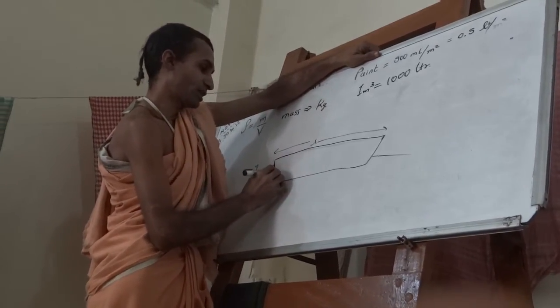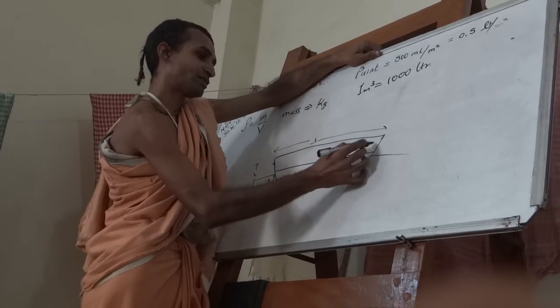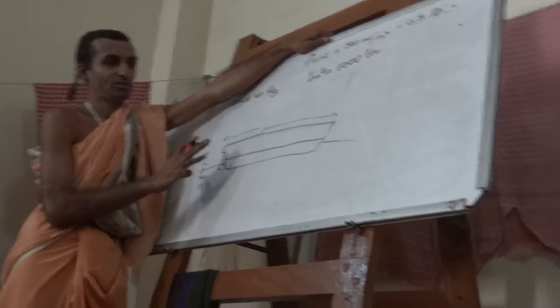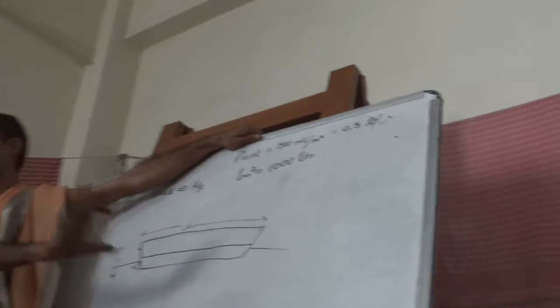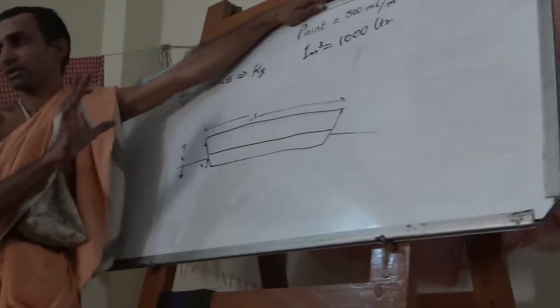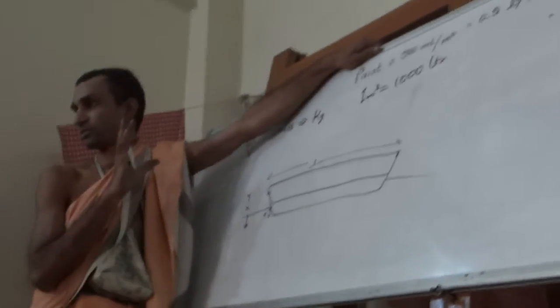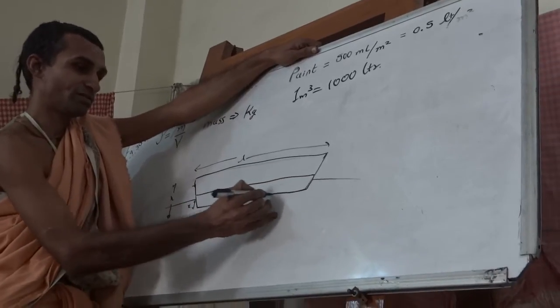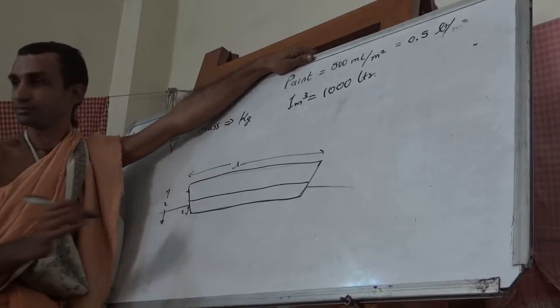Actually every ship has, besides the rooms and everything, particular compartments which are left empty for creating a sufficient amount of buoyancy force. So say this bottom part, this much part is left empty.